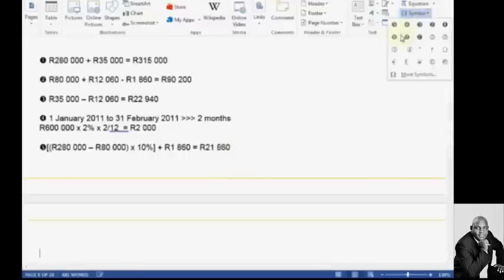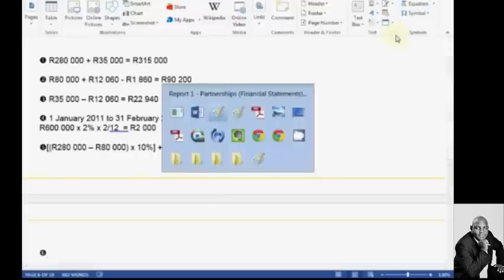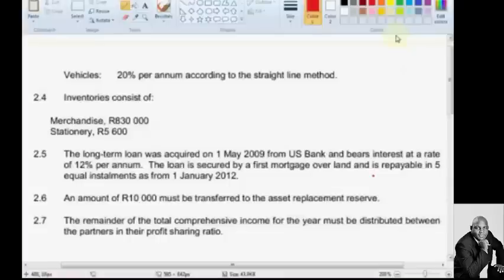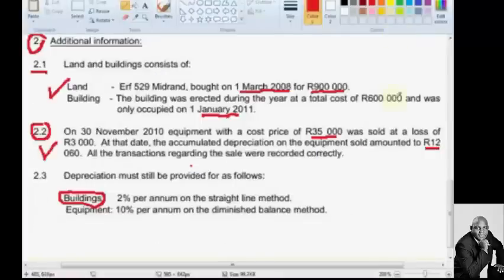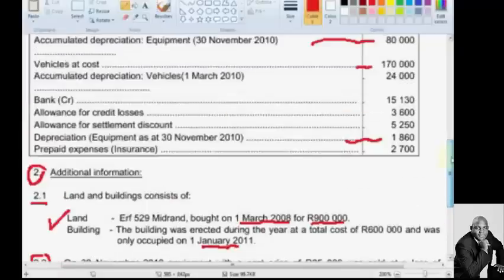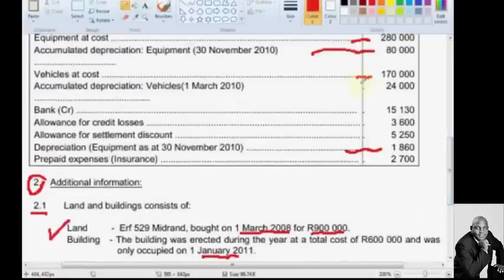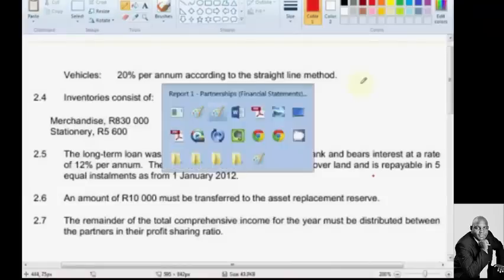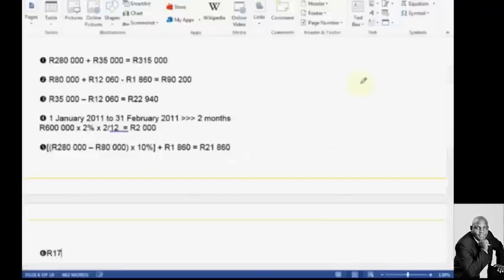I need to find the cost. What is the cost of my vehicles? As you can see, it was 170,000. So it's going to be 170,000 times 20%, which gives me 34,000. Straightforward.